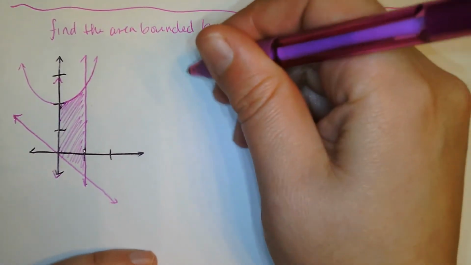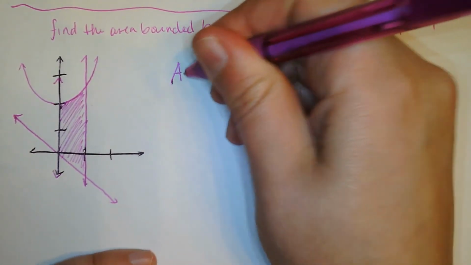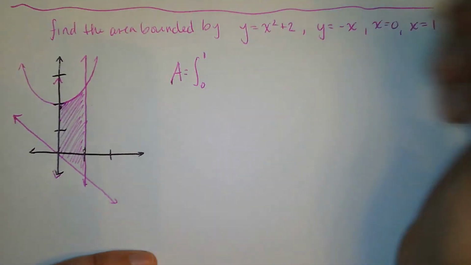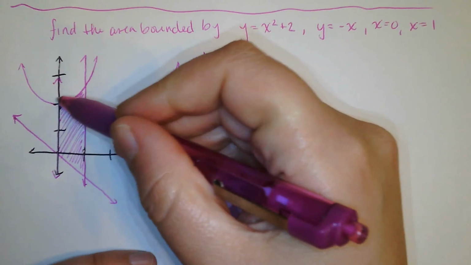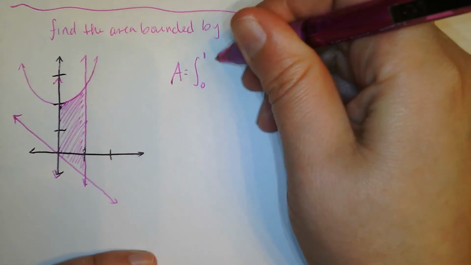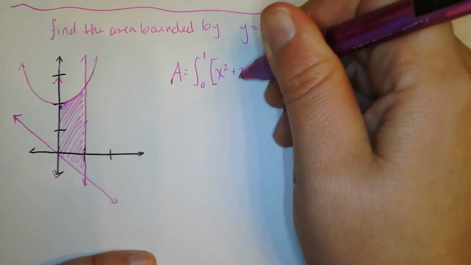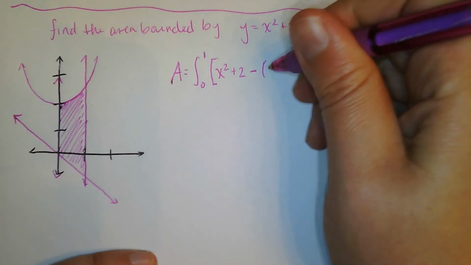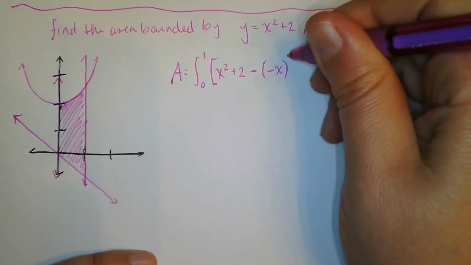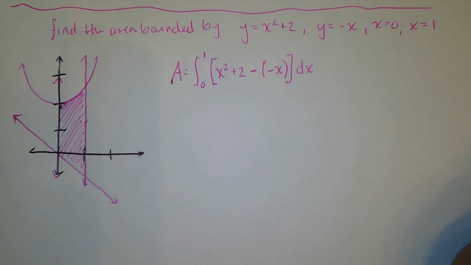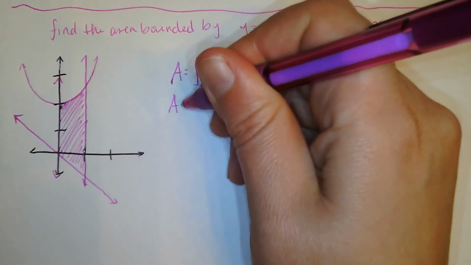So really what we have here is the integral from 0 to 1 of the top curve, which is x squared plus 2, minus the bottom curve, which is negative x. And once we simplify that, this one is really not too difficult.